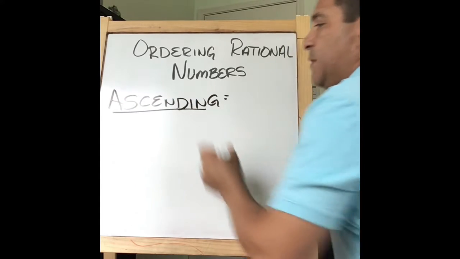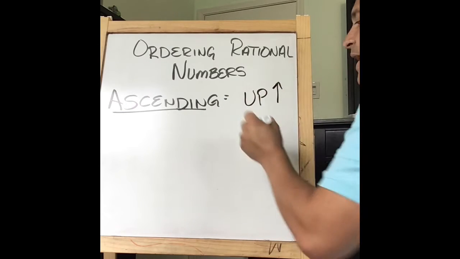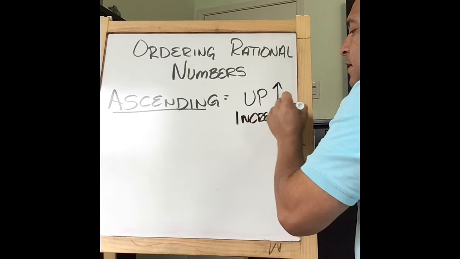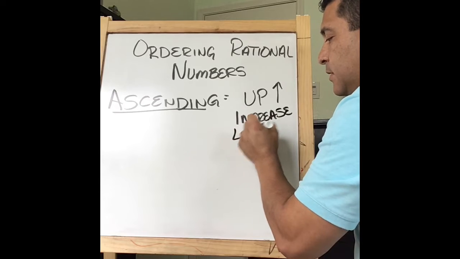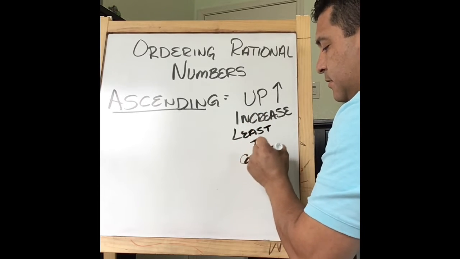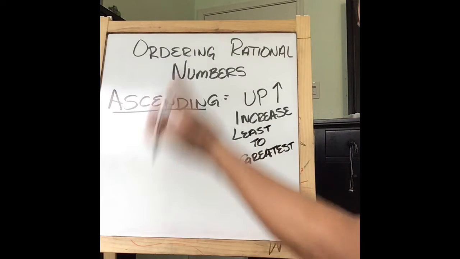Well, ascending means that we want our numbers to go up. We want to increase our numbers, okay? So we want to go from least to greatest. So we want our numbers to go up.